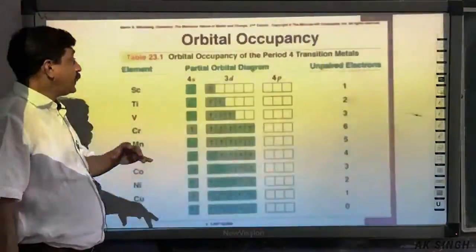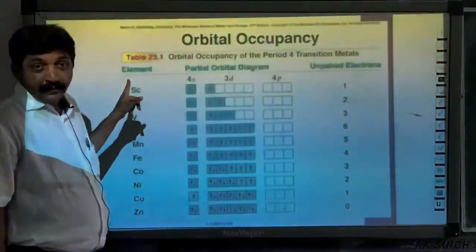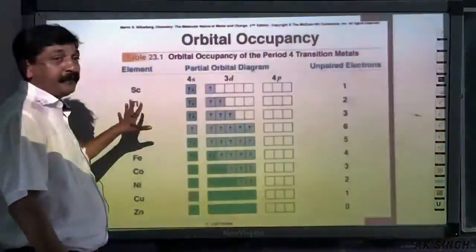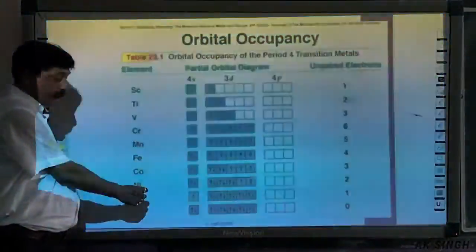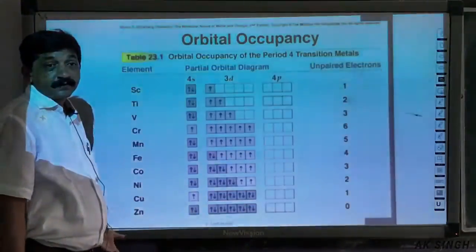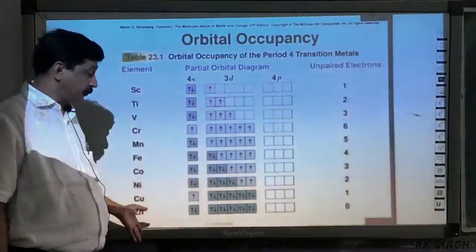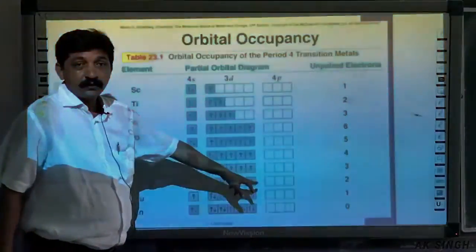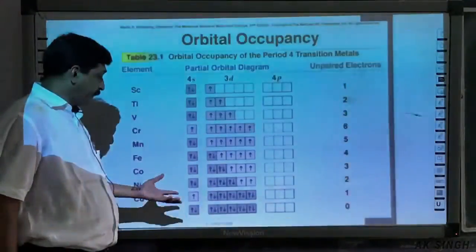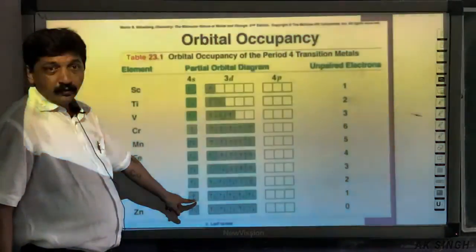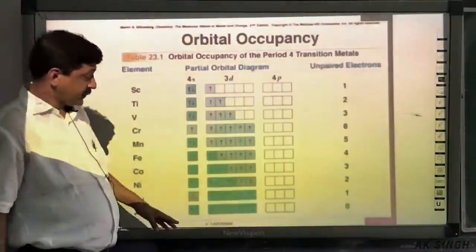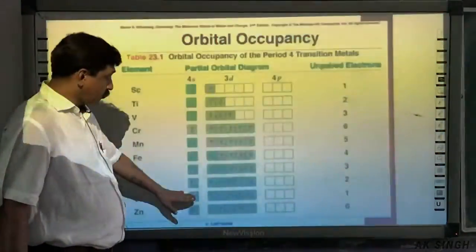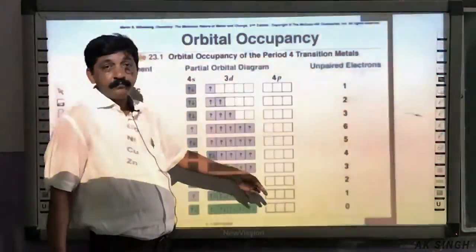So what you have to remember: atomic number, and electronic configuration in the atomic and the ionic state. For example, the configuration of Cu plus, Cu2 plus and Cu. This is Cu; for Cu plus, this one electron will be removed, so 4s becomes 0. For Cu2 plus, 2 electrons have to be removed, one from the s orbital and one from the d orbital.